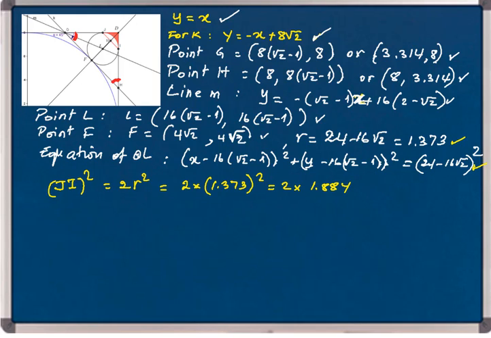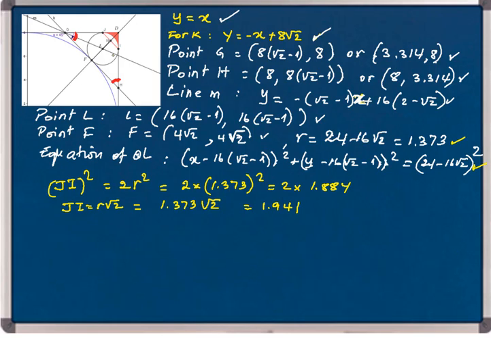Or simply we can say that JI is equal to R square root of 2, which is 1.373 times square root of 2. That gives us JI equal to 1.941. So JI is 1.941.